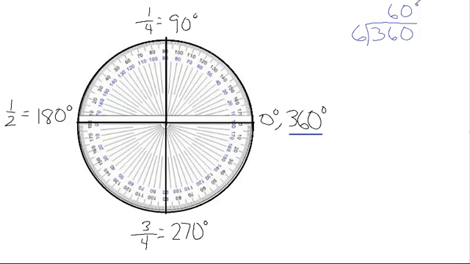So every 60 degrees, start here because that's 60 degrees. I'm going to go down here, and that's about right. Okay, so we have one line there. Our next line would be 120.